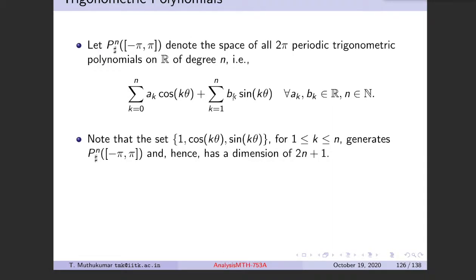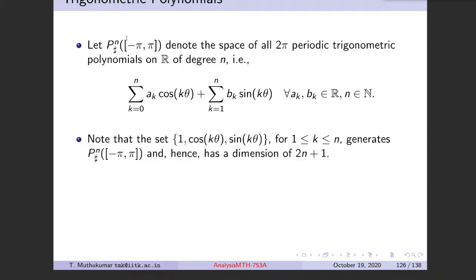Now one can observe immediately, in fact you can verify, that these form a vector space, the space of 2π periodic functions. And you can observe that 1, cos kθ and sin kθ, where k equal to 0 corresponds to the constant function here.